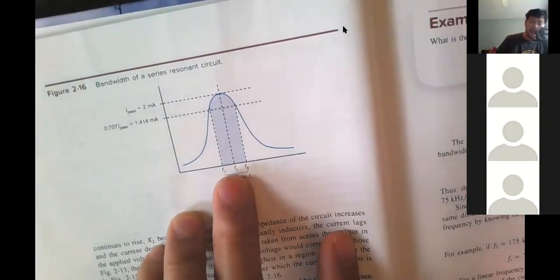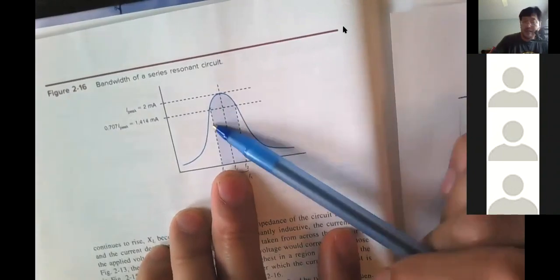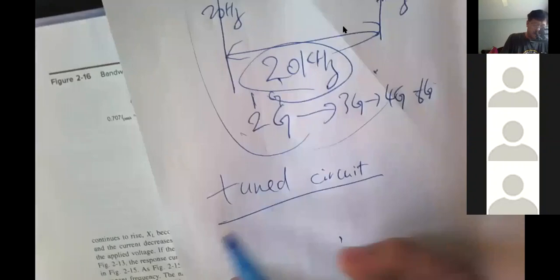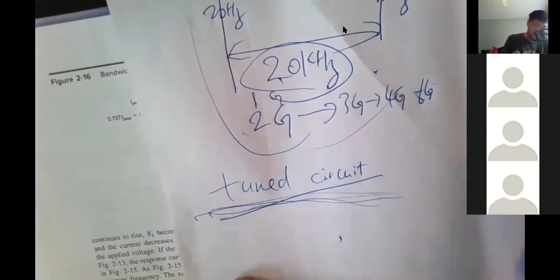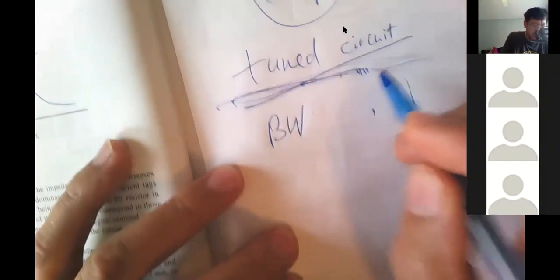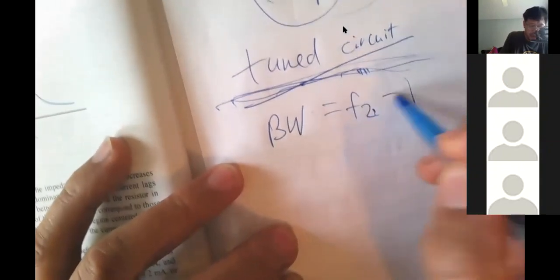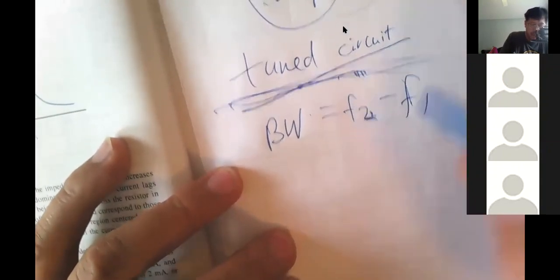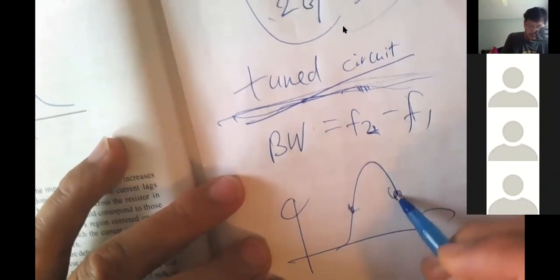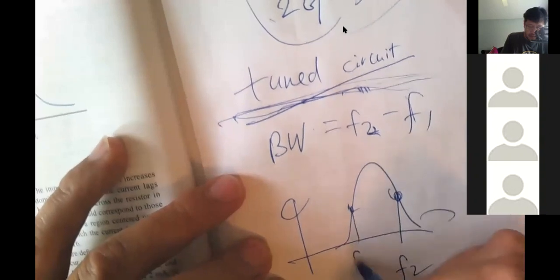So you have neighbors on both sides, but I'm just interested in this particular station. How do you listen to just one station instead of every station? With a tuned circuit. For a tuned circuit, we're interested in a couple of things. First, the bandwidth of the tuned circuit equals F2 minus F1.